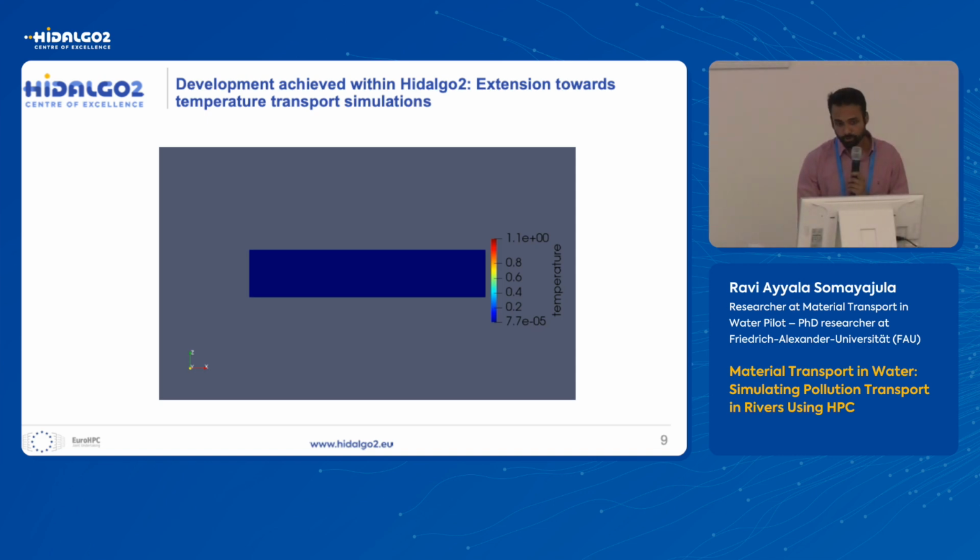As things stand currently, this is what we could achieve in the last 1.5 years since we started. We have been able to extend our framework significantly into solving such temperature coupled simulations.